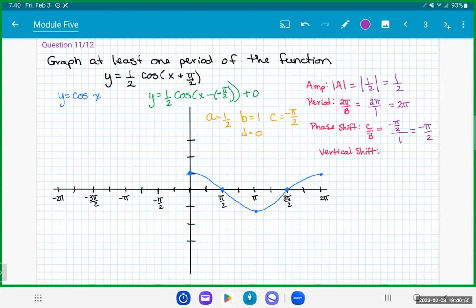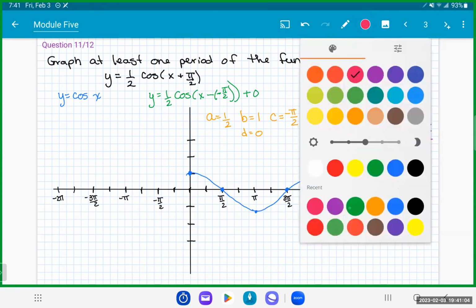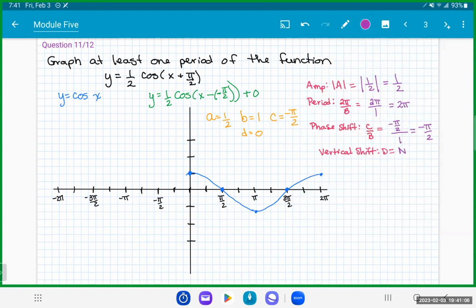And then our vertical shift is d. In this one, we would say none, because there is no vertical shift. That means this graph isn't shifted up or down by a specific amount.